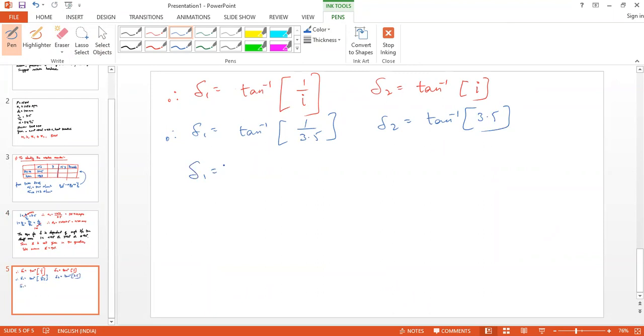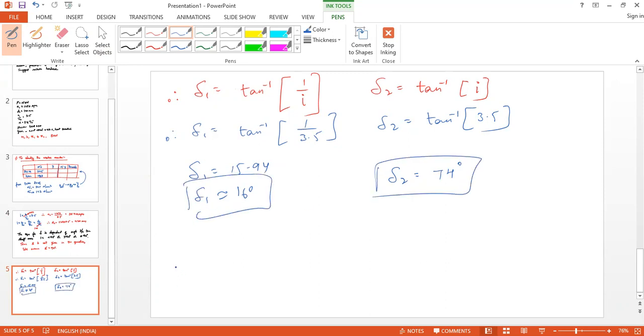So delta 1 is 15.94, let's take it as 16 degrees. So delta 2 is 74 degrees.